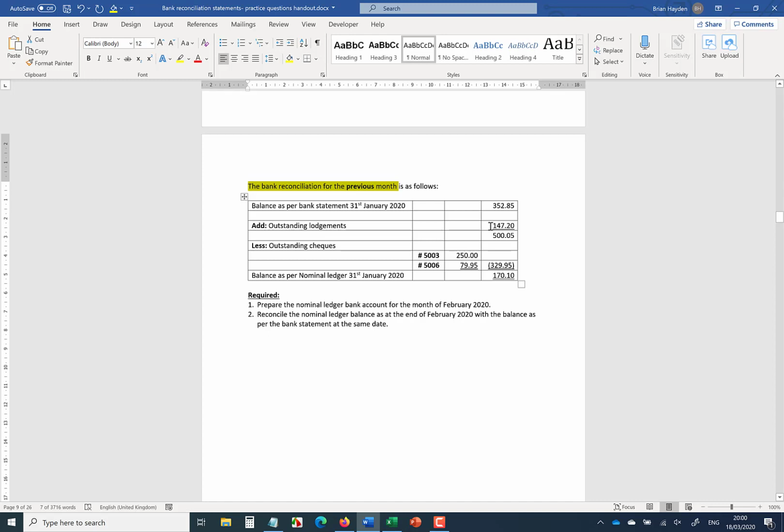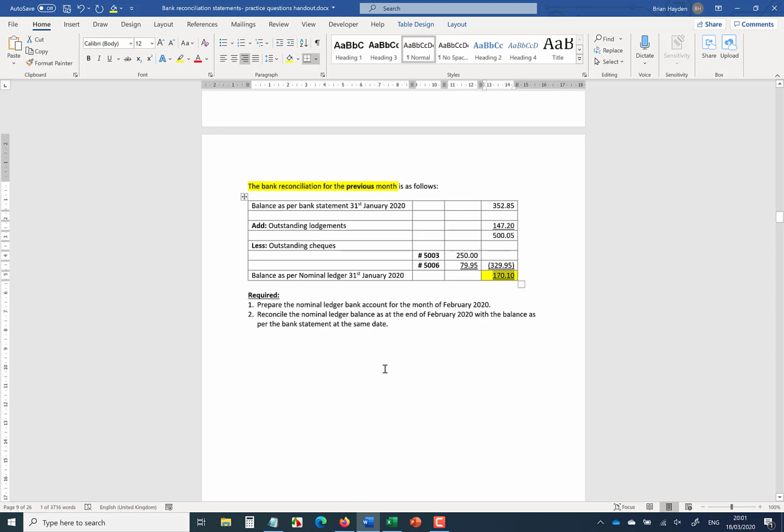Remember, we adjust the statement for items missing from the statement. These were things that we had recorded in our cash receipts book and our check payments book, but they hadn't appeared in the statement. So we adjust the statement balance at the end of January for them, and the balance as adjusted amounted to €170.10 at the end of January. So the requirement: prepare the nominal ledger bank account for February.